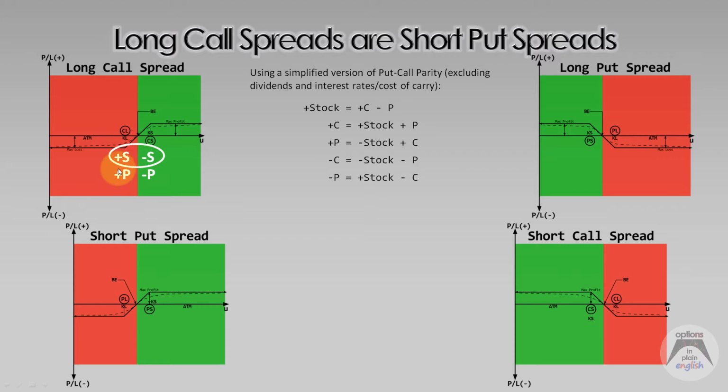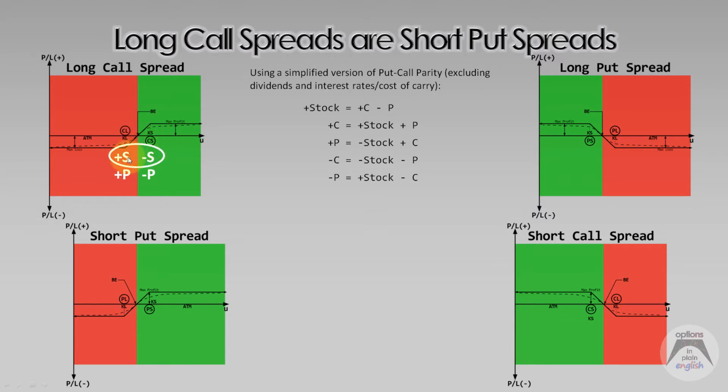Same thing when you go long at a price lower than where the price is: you have to pay the difference, because you have to account for the difference between where the price is and where you want to buy your stock. So it's another debit, another cost to you.